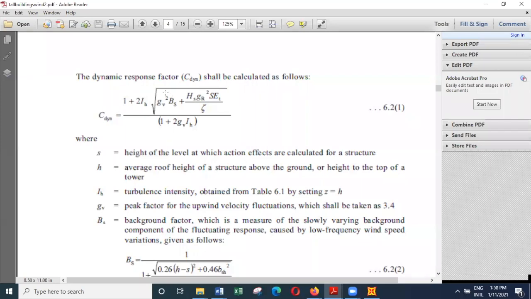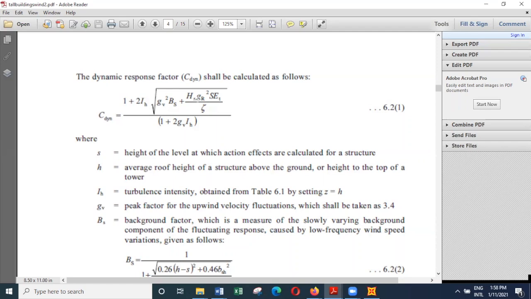Basically, when you have a tall building, it can respond to wind in two different ways. First, it will be a rigid body where the wind will come and hit the building, and that will give a static effect. The second component is considering that the building is not rigid, it is flexible.